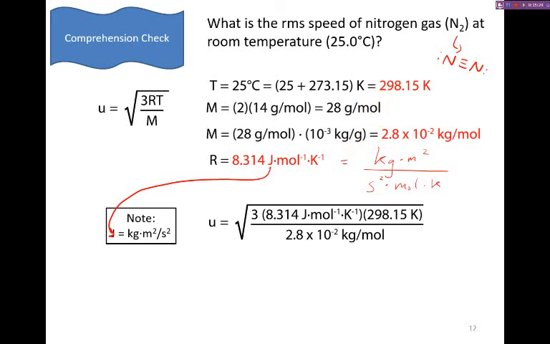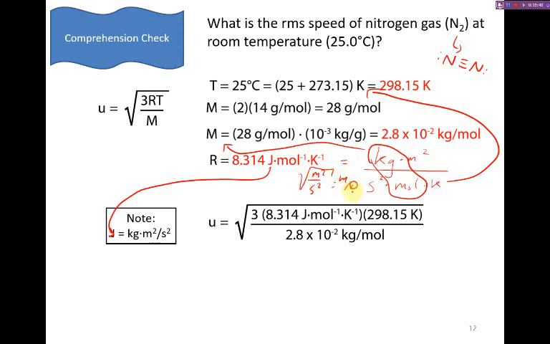And so because it's in the numerator, our kilograms per mole is going to cancel with our molar mass. Our Kelvin is going to cancel with our temperature. And then because we're taking the square root, we're going to end up taking the square root of meter squared per second squared, and that's going to get us a speed in terms of meters per second.